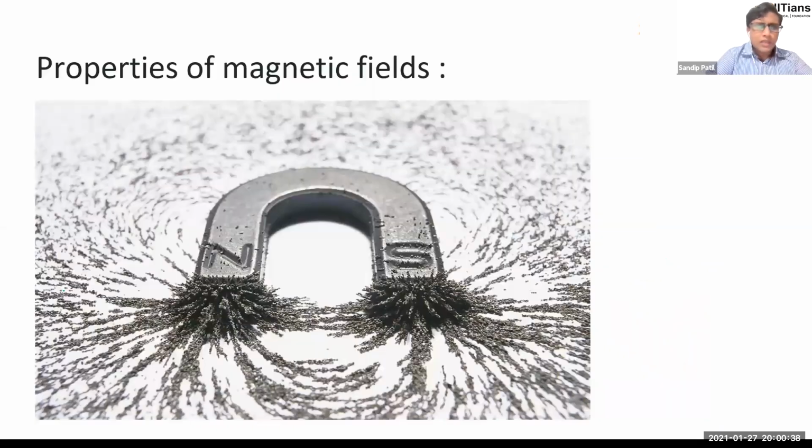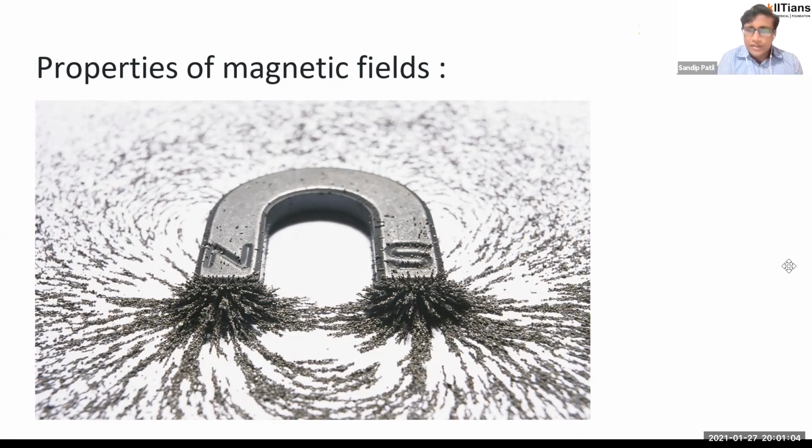Okay. Now let's see the properties of the magnetic field. So here, which type is that? Can anybody guess? Yes, that is the horseshoe magnet, right? For this horseshoe magnet, or any magnet, not horseshoe only, there are properties of the magnetic field, right?